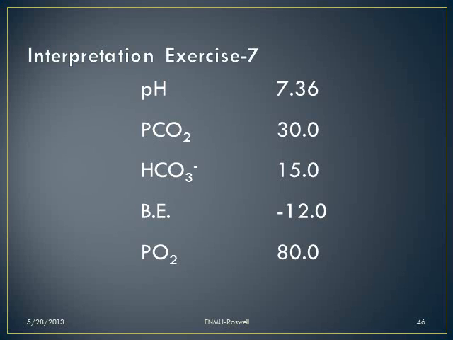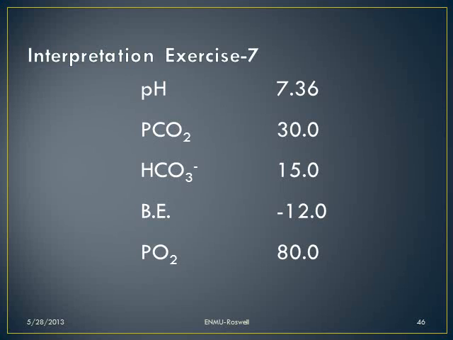pH 7.36. It's on the acidotic side of normal. PCO2 of 30. That doesn't explain acidosis, does it? Not with the bicarb of 15, though. Bicarb 15, so we got a metabolic acidosis.